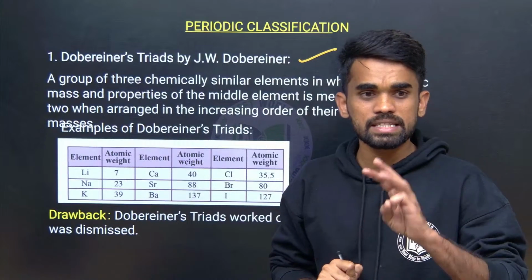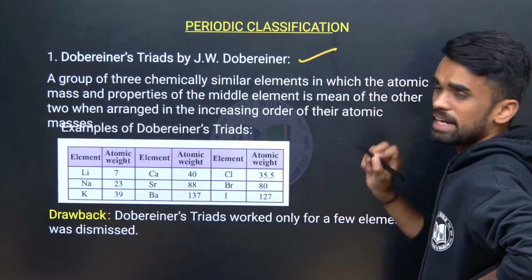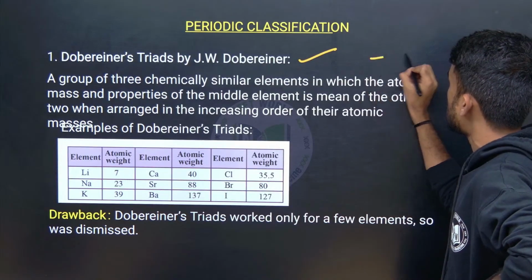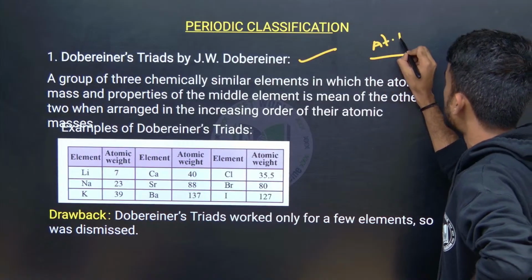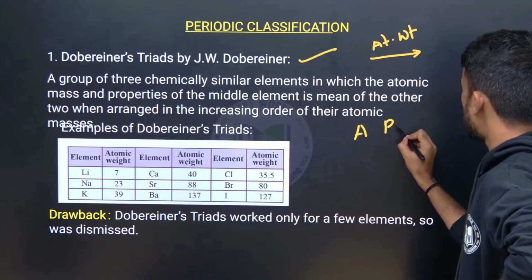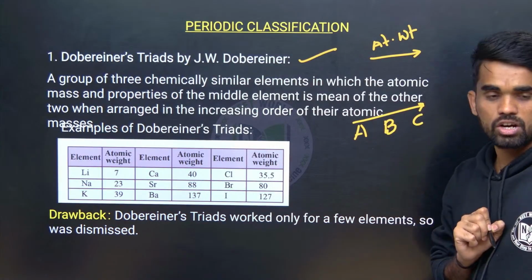Triad means it is a set of 3 elements. He has taken 3 elements, and for these 3 elements he has considered the increasing order of their atomic weight. Let us say element A, element B, element C are there, arranged in increasing order of their atomic weight.